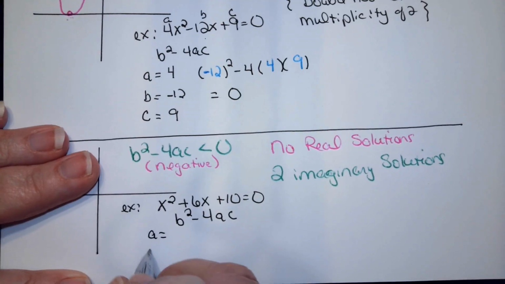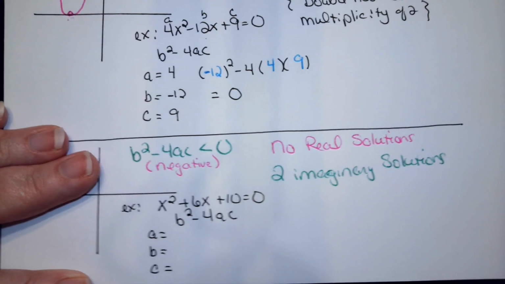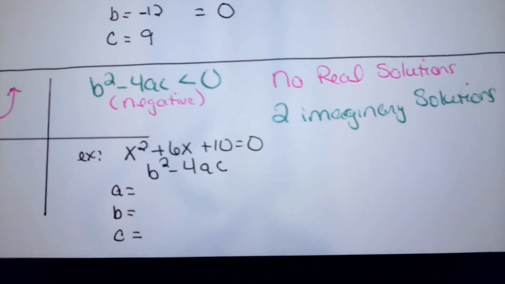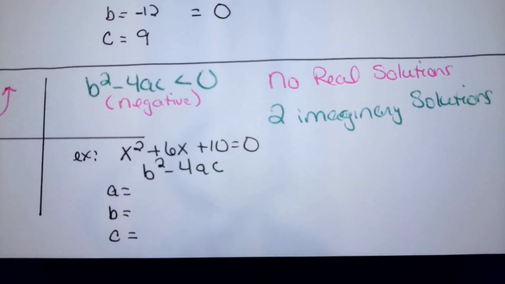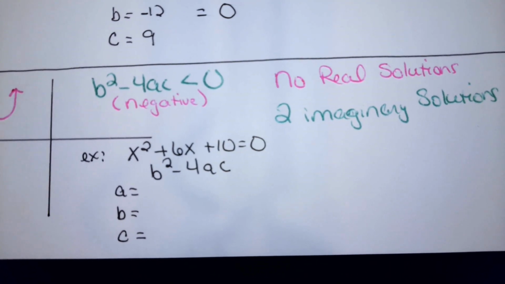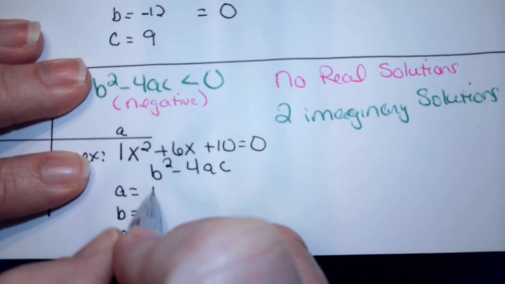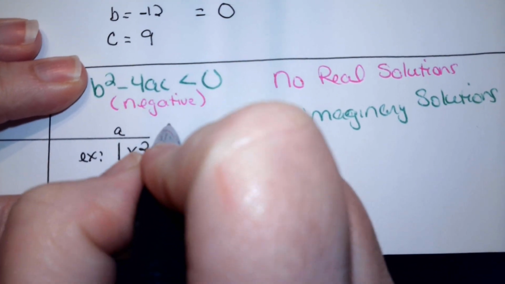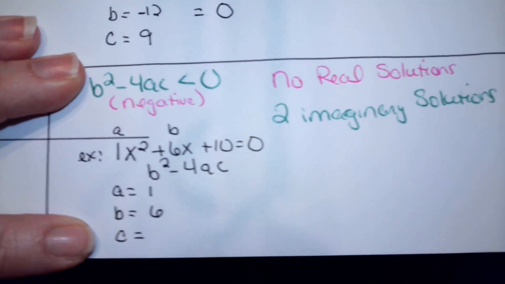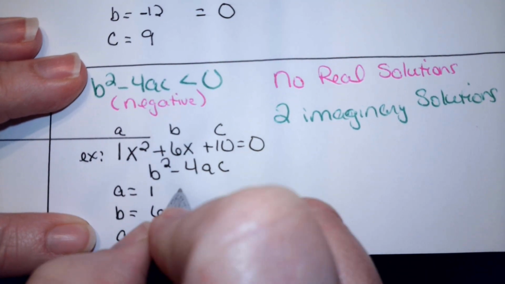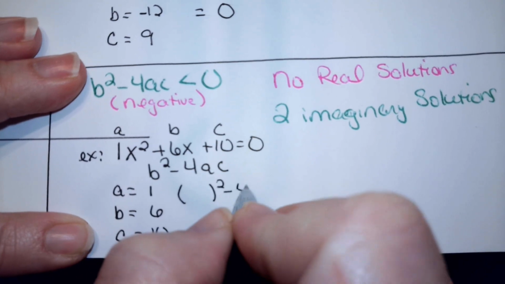So we've got to pick out our A, our B, and our C. Our A value is an understood 1 right here. For our B value, we've got our 6. And for our C value, we got 10.